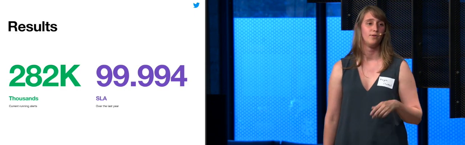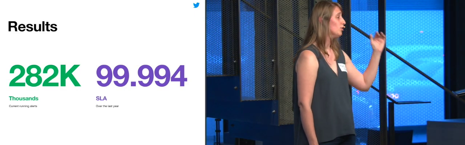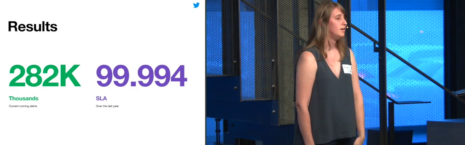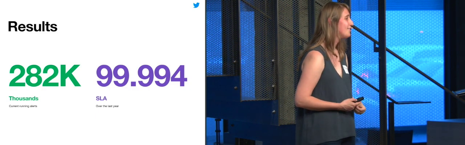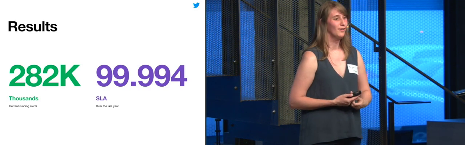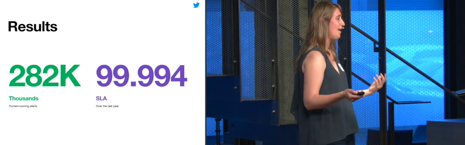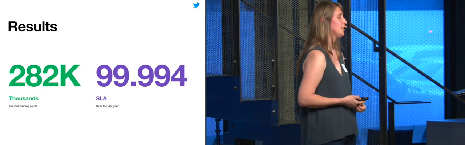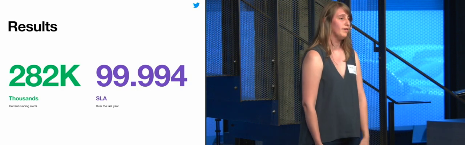So how does the system actually work? Just a couple numbers. Right now it's running about 282,000 alerts, and even more of those fan outs that I described. There isn't really an average number of fan outs per alert. It can be 1, it can be 5,000. Over the past year that it's been in production, it's had about a 99.94 SLA in terms of uptime.